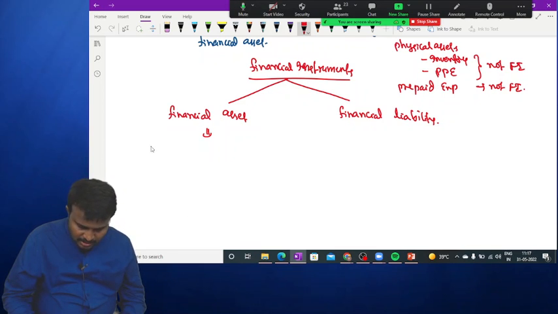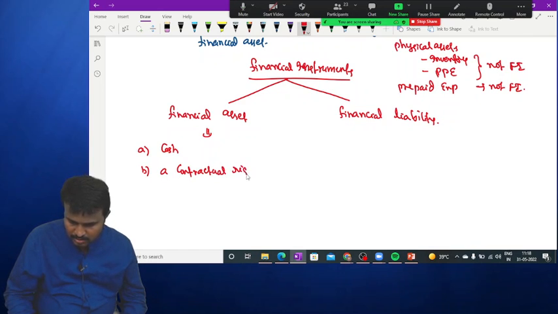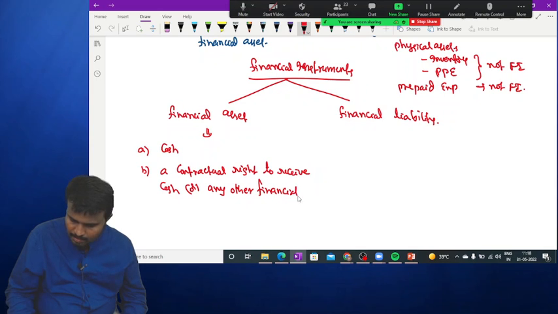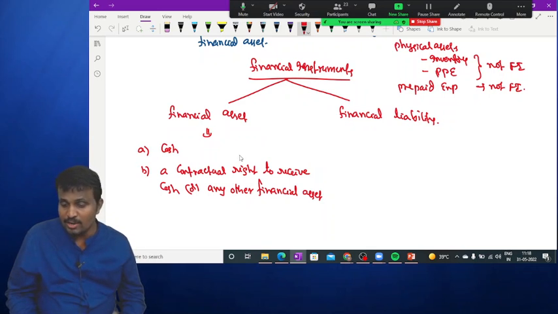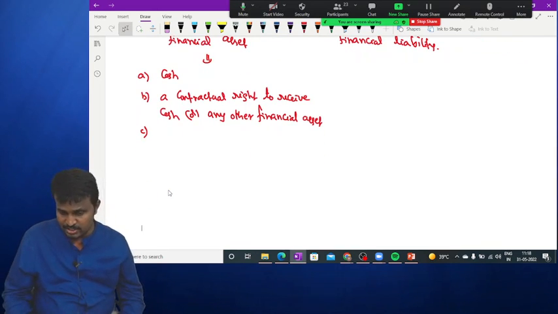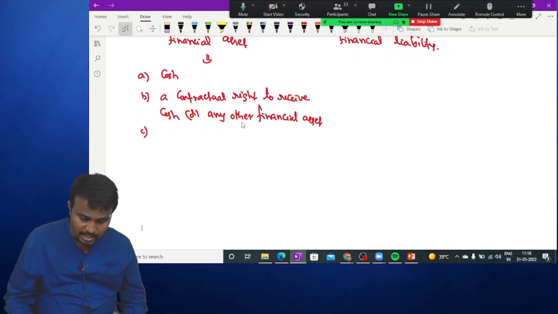A financial asset includes cash, or a contractual right to receive cash or any other financial asset from another entity.